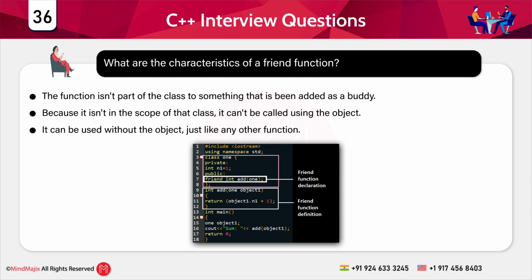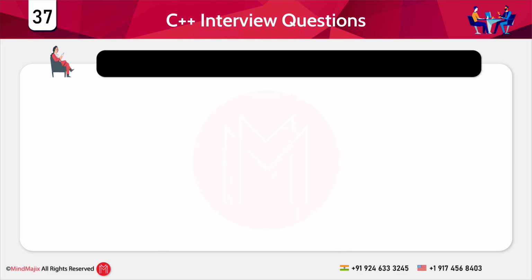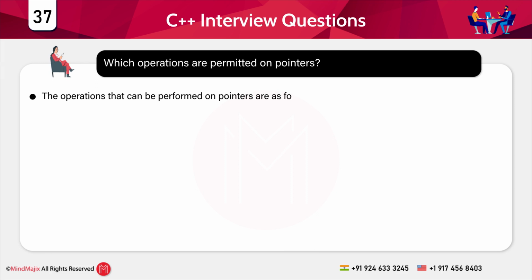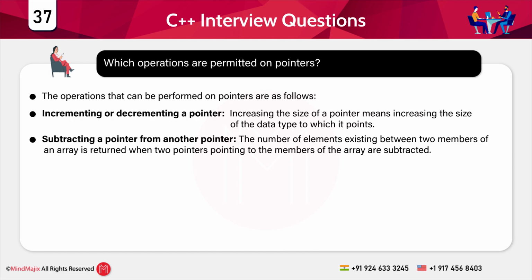A friend function can be used without an object, just like any other function, and it can't access the member names simply. It has to utilize an object name and the dot membership operator. It might be stated in either the private or the public sections of a class. The next question is, which operations are permitted on pointers? The operations that can be performed on a pointer are increment or decrement.